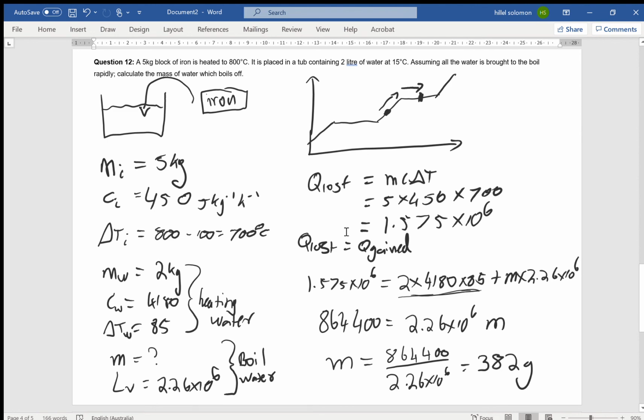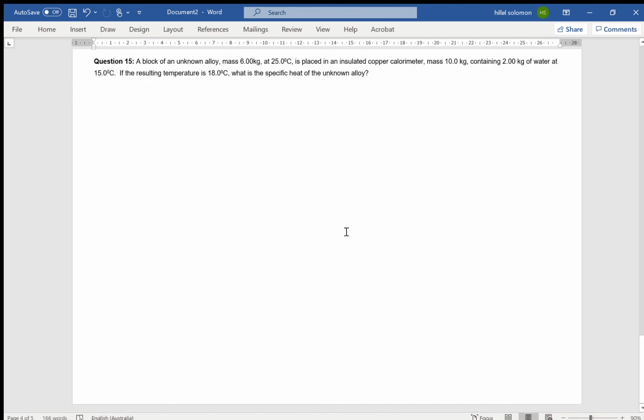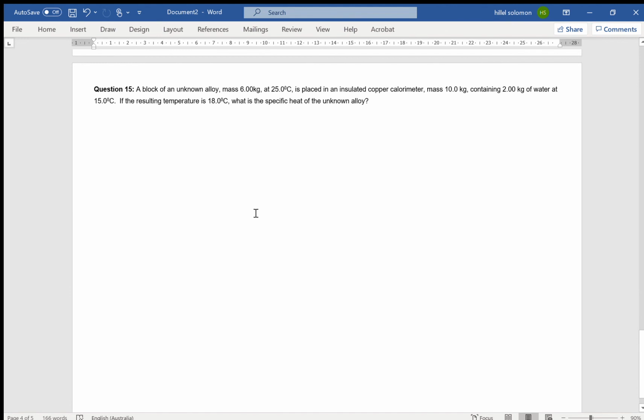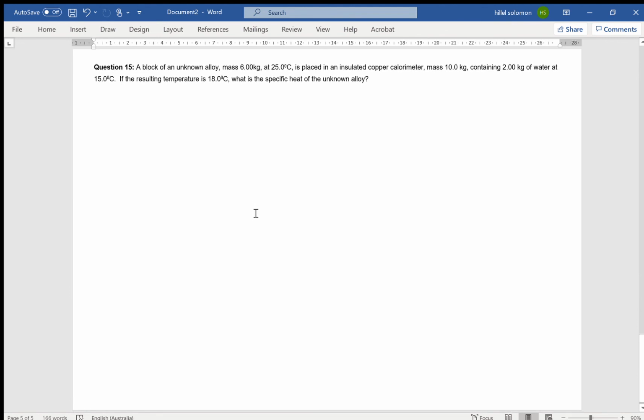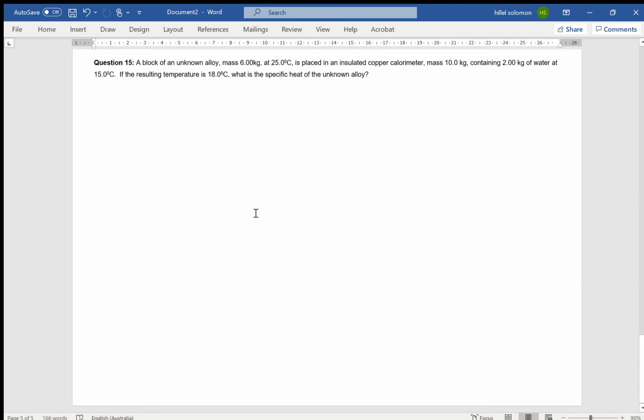Okay, very last question that I'm going to go through is question 15 from the sheet. The question is, a block of an unknown alloy, mass of 6 kilograms at 25 degrees Celsius, is placed in an insulated copper calorimeter, mass 10 kilograms, containing 2 kilograms of water at 15 degrees Celsius.